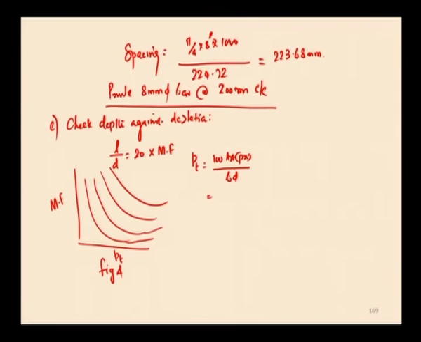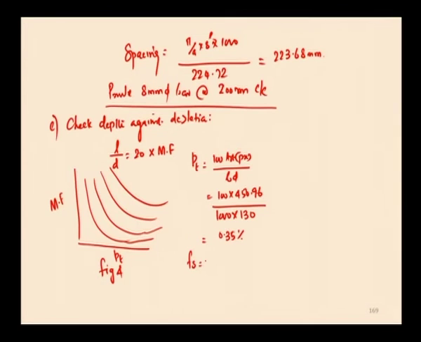For this, we need to substitute the reinforcement provided for the maximum bending moment, that is 456.96 divided by 1000 into 130, that is equal to 0.35 percent.